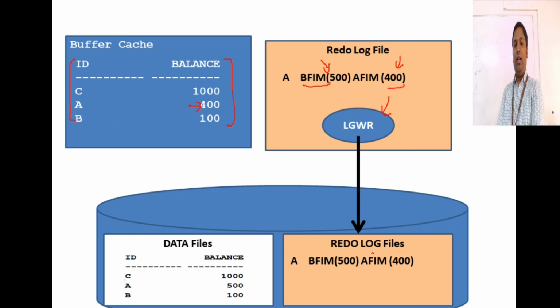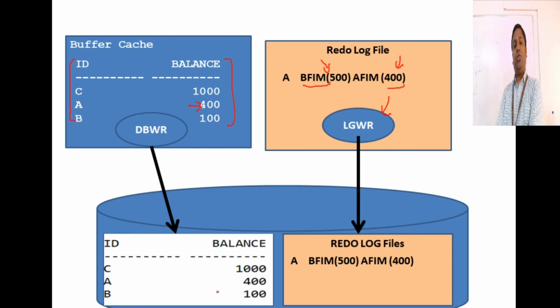Once this is written, the next thing I do is use the DB writer process to immediately update the change, 400, to the database. So any update that happens in my transaction immediately gets flushed to my database.